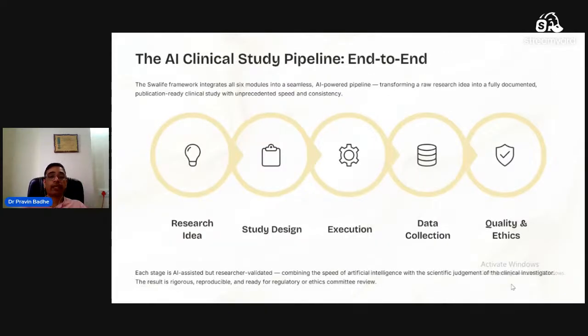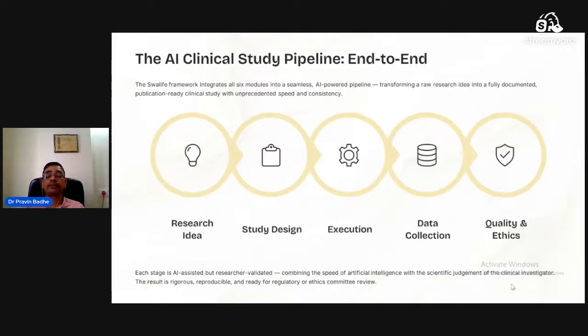So the pipeline starts with the research idea. Utilizing predictive intelligence, you get the information. Utilizing the Swalife clinical Prompt Studio, you get the information where you design the study and upload it on the protocol designing platform. Then once the protocol is sanctioned and is in the public domain, you execute the protocol and start collecting the data.